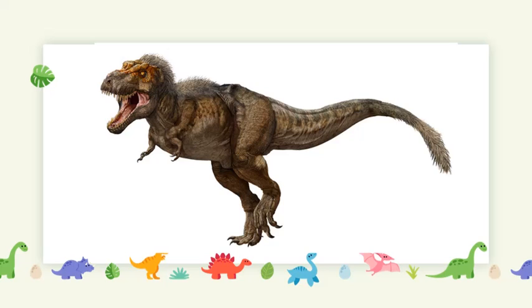Now that you know all the actions, can you do them all by yourself? Boom, stomp, roar, crash, splish, splash, clap, stomp, boing, honk, caw, flap, roar and roar. Great. I'm glad that you enjoyed doing the dinosaur dance.